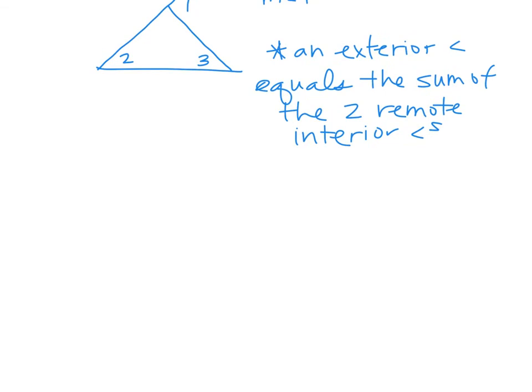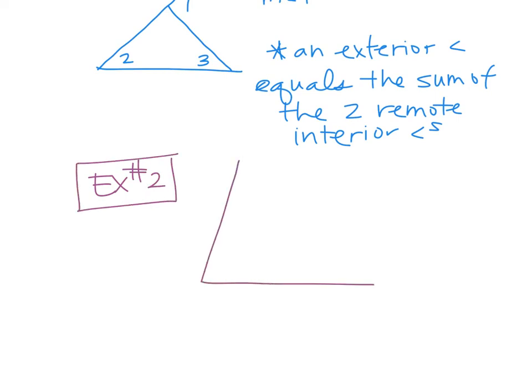All right, so example 2. You're going to get a triangle where this is angle 1, and this is 80, and this is 18, okay? The question is, what's the measure of angle 1? What do you have to do?